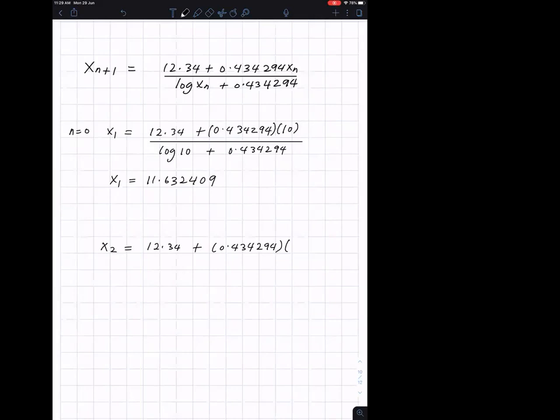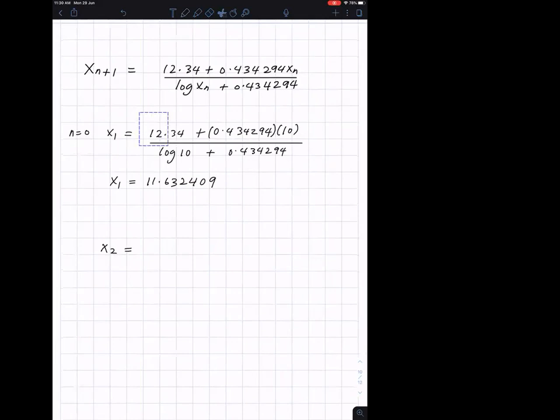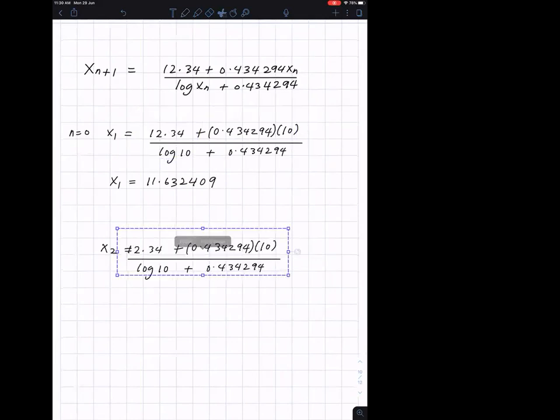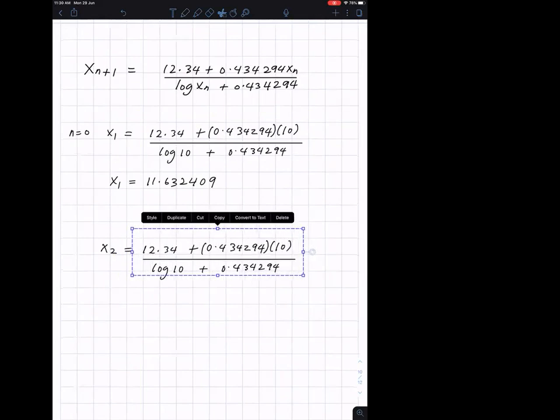There's no change. I'm using the same formula as here, except right here this changes and this changes. That's all.